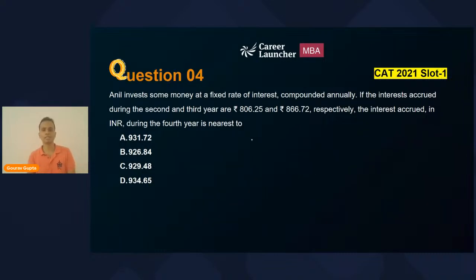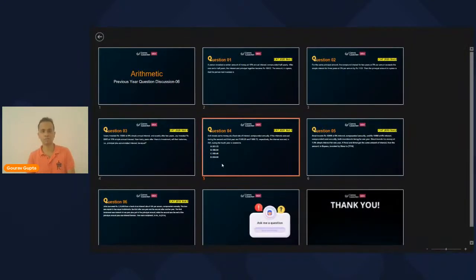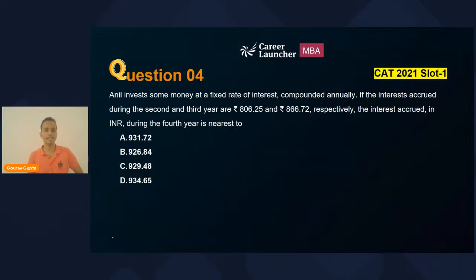The question says the interest of second year, third year, and fourth year. So this is mentioned. Second year, the interest is 806.25. Third year, it is given as 866.72. And the fourth year, we have to calculate.